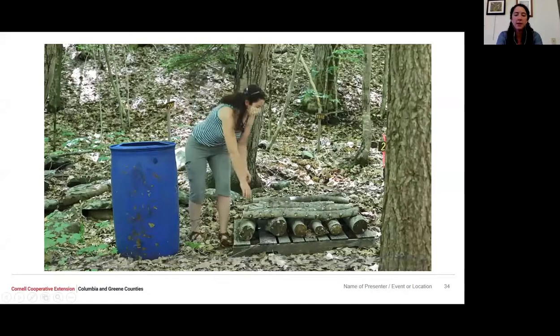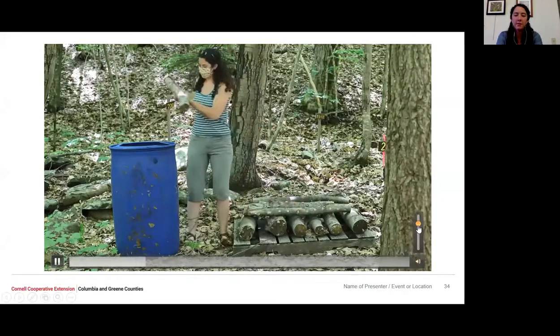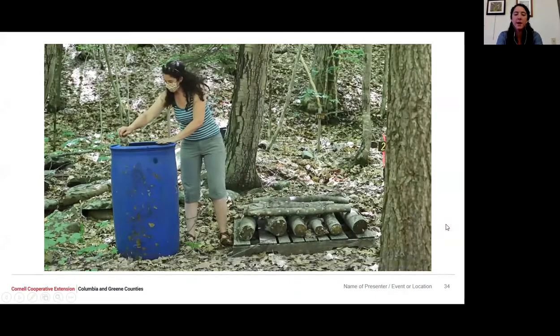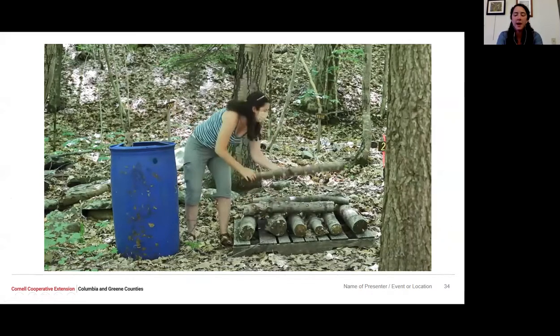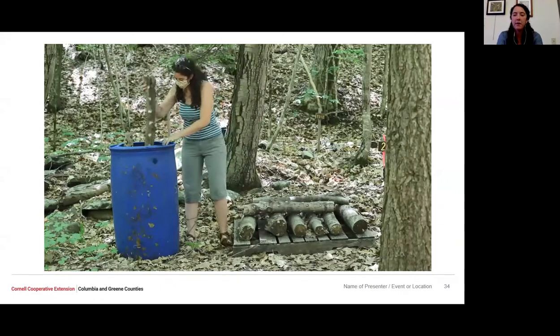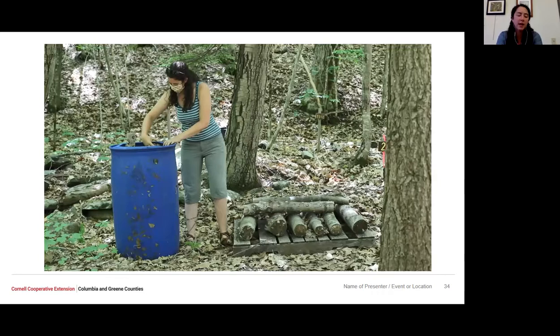So here's an example of us using a barrel. What we've done in the past before that pool formed is we have taken a gas-powered sump pump, so we don't need electricity, and we can just bring it down into the woods and run a hose with a filter on one end and submerge that in the stream, and have the other hose come from the pump and go into this barrel, and we can soak logs this way.